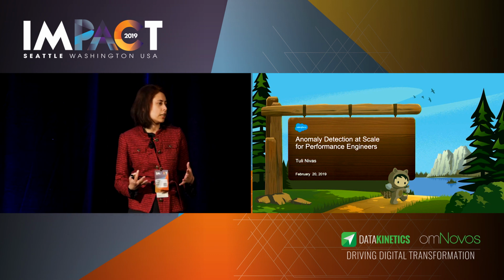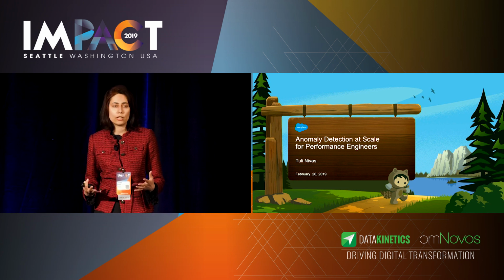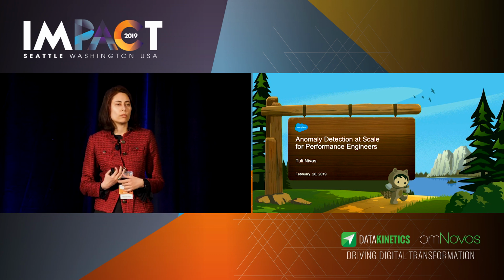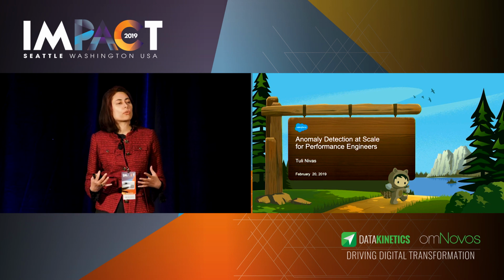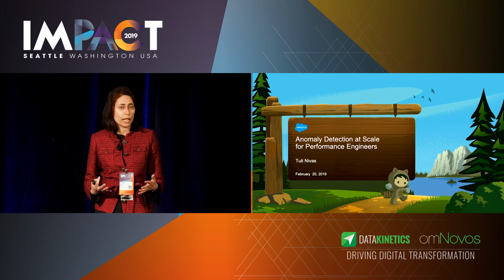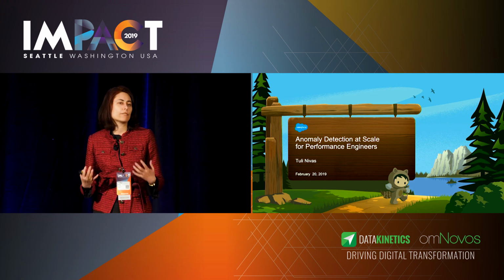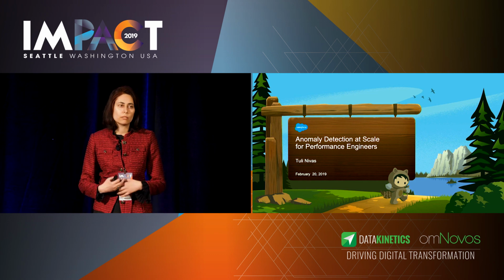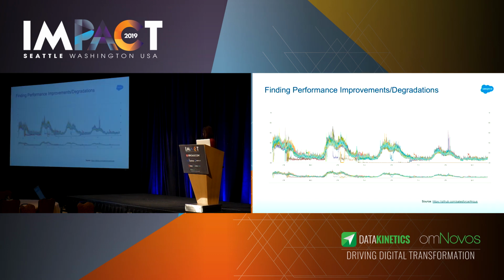So if I am looking at a particular performance metric for a server or a pod, as it is called in Salesforce lingo, how do I really make sure that I'm looking at anomalous behavior and that is not just the regular profile of that server or pod for that given day of the week, day of the month, or the season, and so on? So let me elaborate a little bit on that by taking a look at a couple of examples.